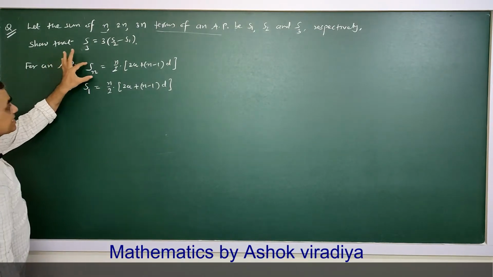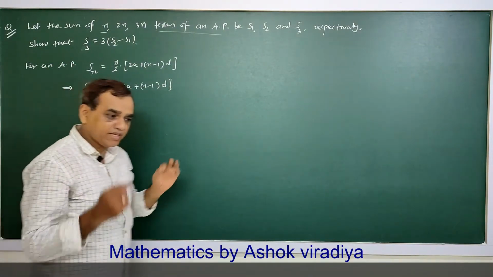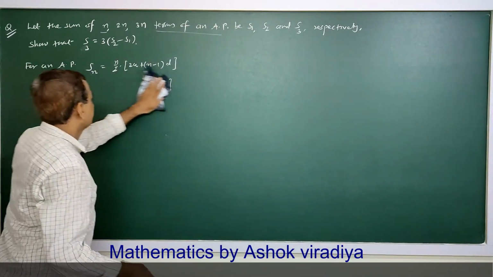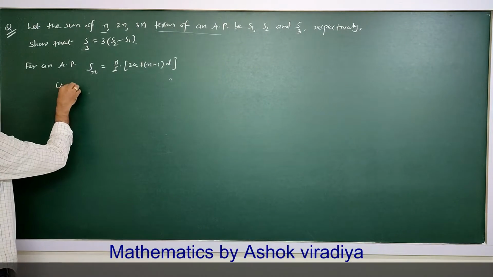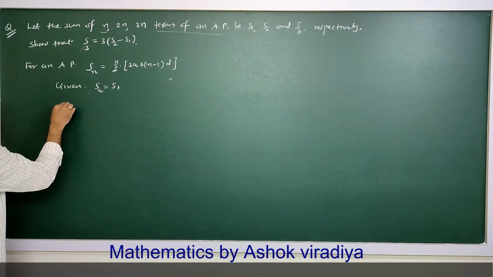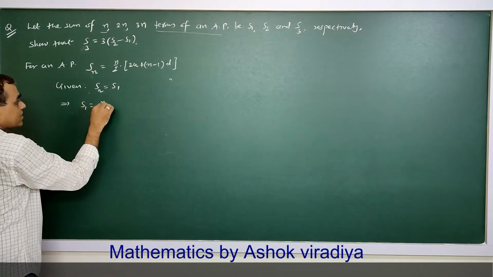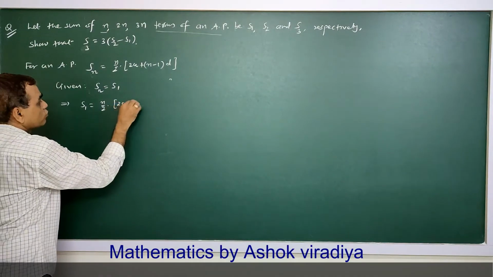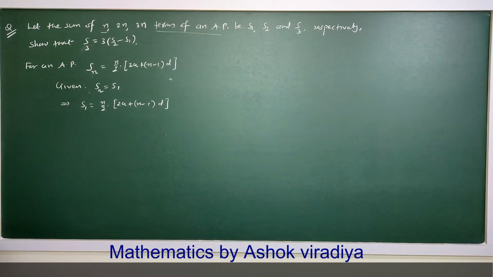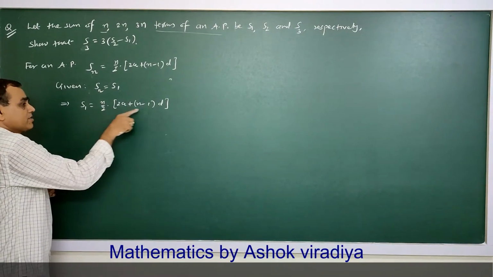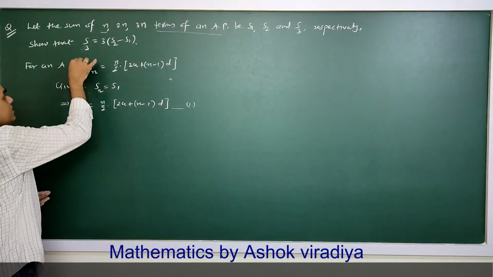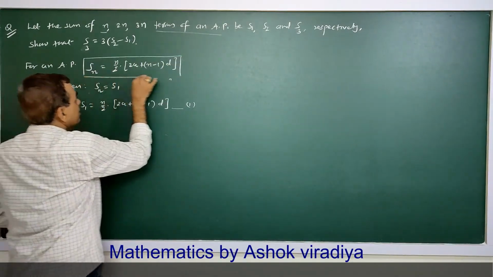I am putting Sn equal to S1. Let me write in detail. Here Sn is equal to S1. So given that Sn equal to S1, therefore I am putting here S1. S1 is n by 2 into 2a plus n minus 1 into d. So it is sum of first n terms of AP. Let me say it is equation 1. We are using this formula.